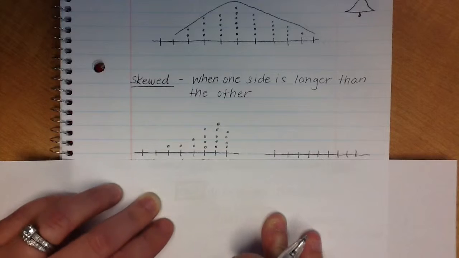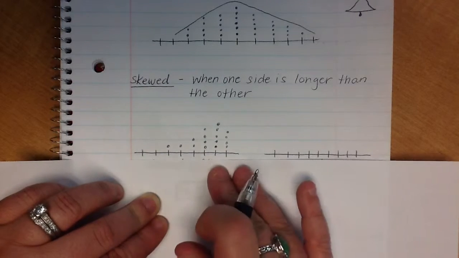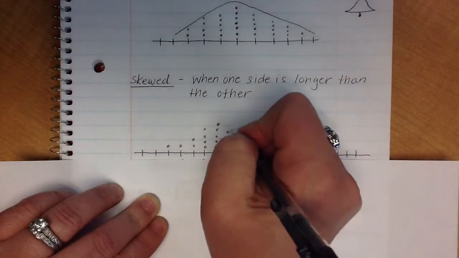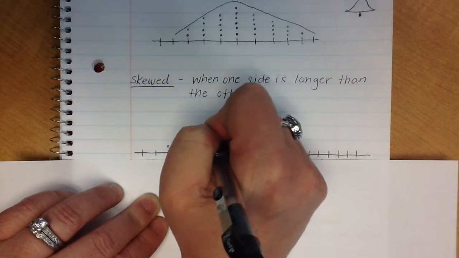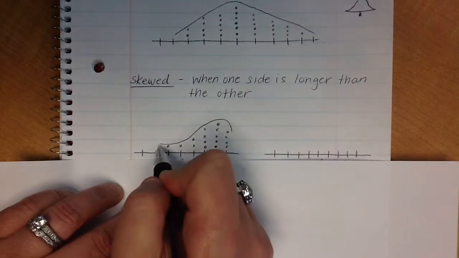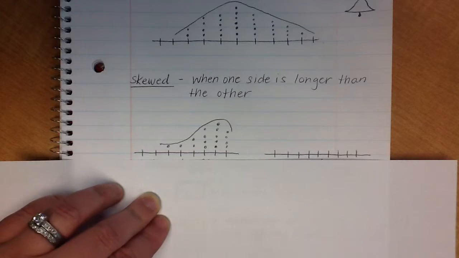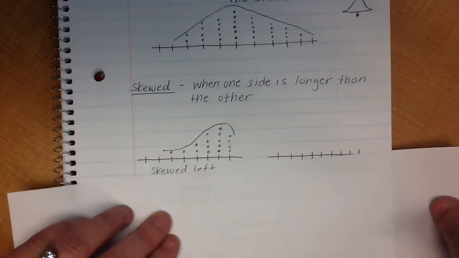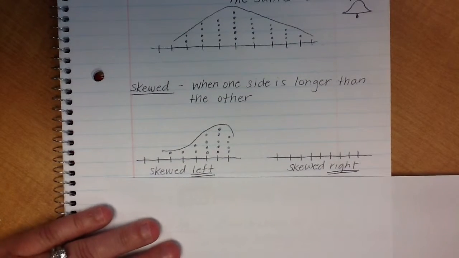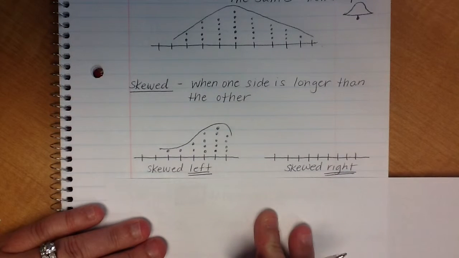So this would indicate that most students in our class had more pets. And if we draw a line loosely around the points, we find that there's this tail heading over to the left. And we call that skewed left. So you can go ahead and copy that down. Skewed left.